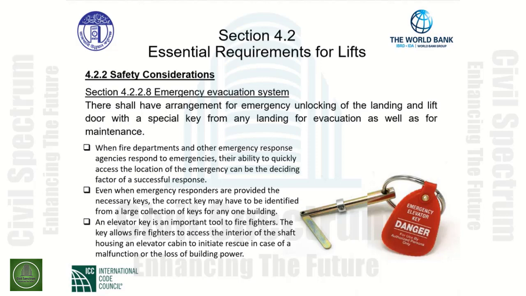When fire departments and other emergency response agencies respond to emergencies, their ability to quickly access the location of the emergency can be the deciding factor of a successful response. This code section is very specific in that it requires a special key to unlock and control any of the lift door on each and every floor.